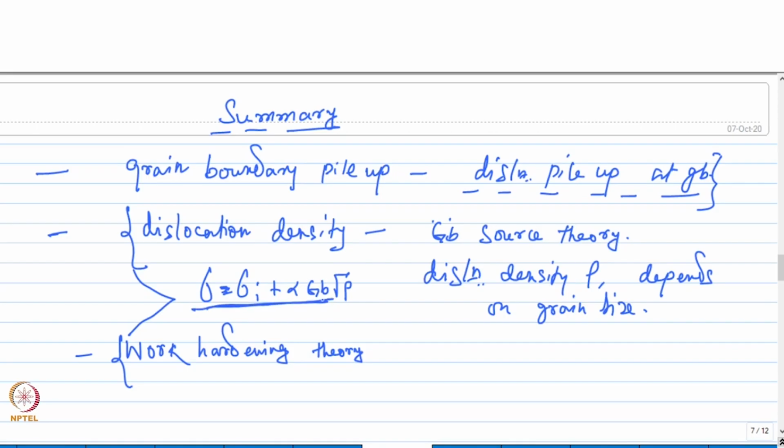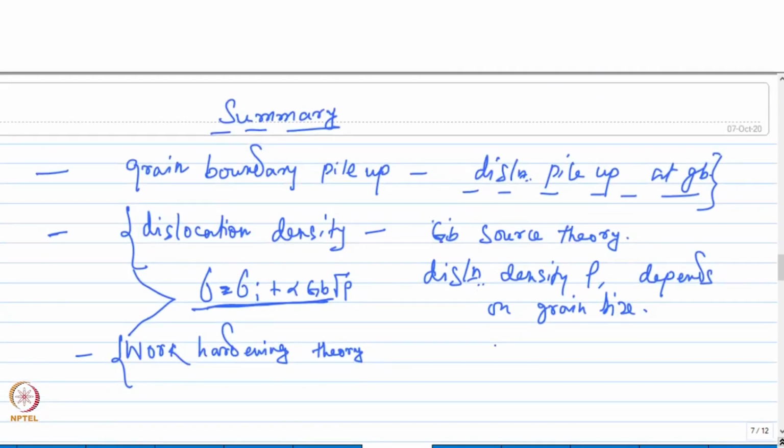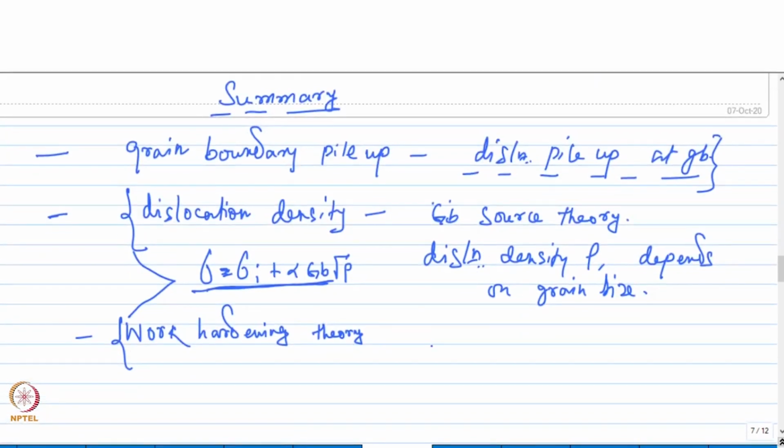All right, so this will bring us to the end of these strengthening mechanisms, especially the theories and the different mechanisms that we have for this particular mechanism, the grain boundary or the grain refinement strengthening.